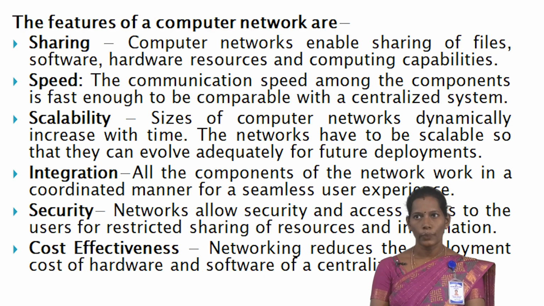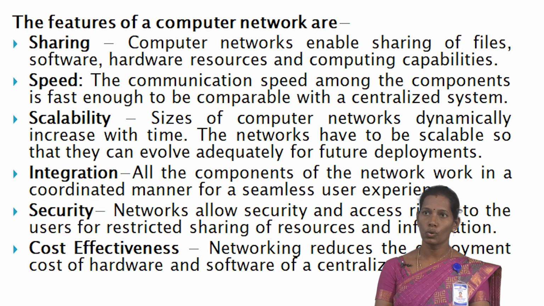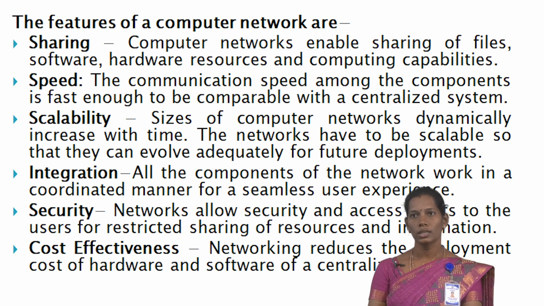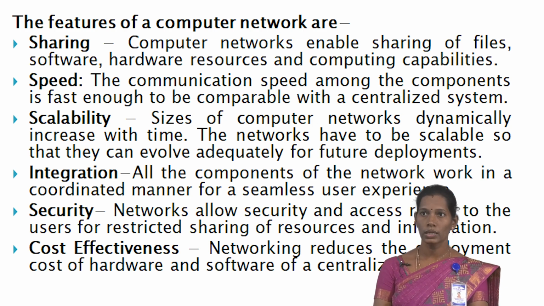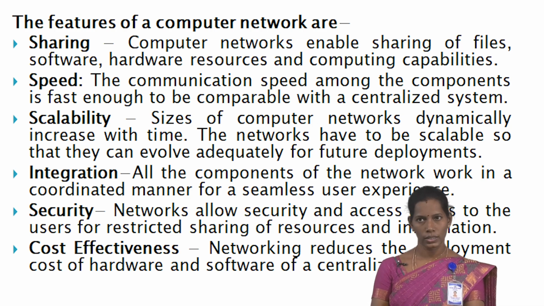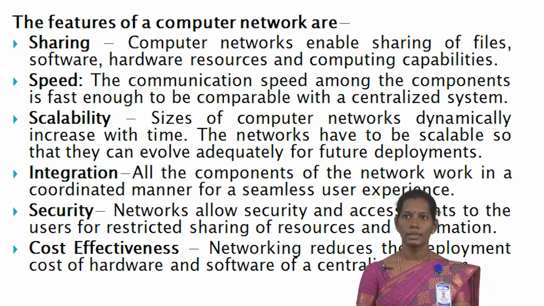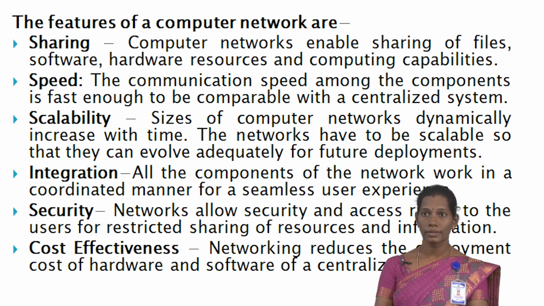The features of a computer network are more than one. First one is sharing. Computer networks enable sharing of files, software, hardware resources, and computing capabilities. Speed. The communication speed among the components is fast enough to be compatible with a centralized system. Scalability, that is size. The size of a computer network dynamically increases with time.